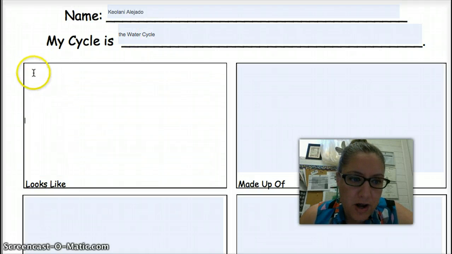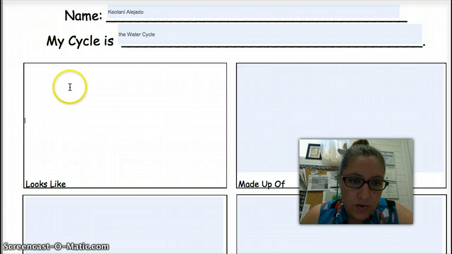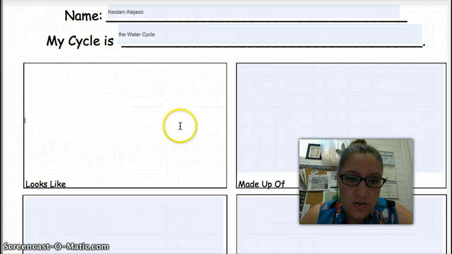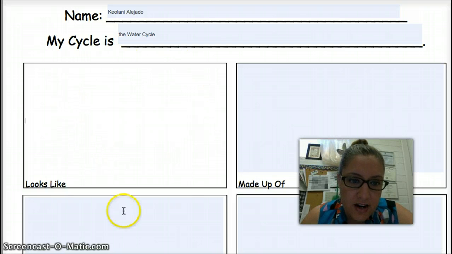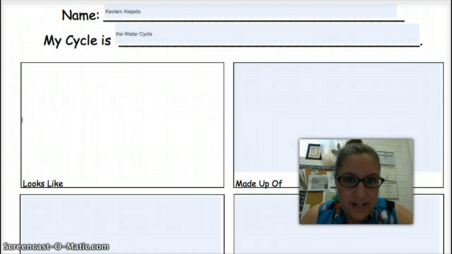Now in this first box, you need to draw a picture of what your cycle looks like. So using arrows and drawings, you can make a cycle in this area. Auntie Danette will show you an example of what a cycle drawing looks like.